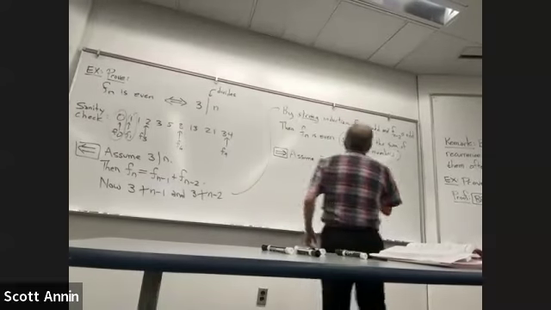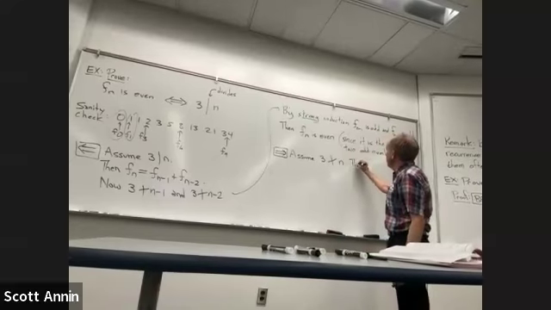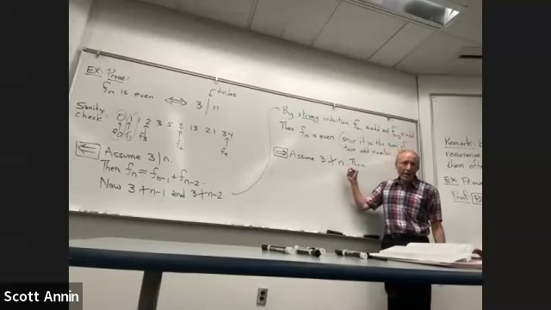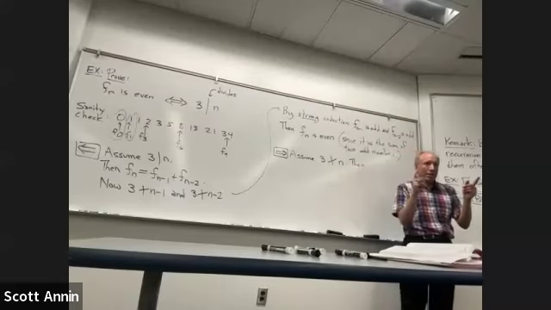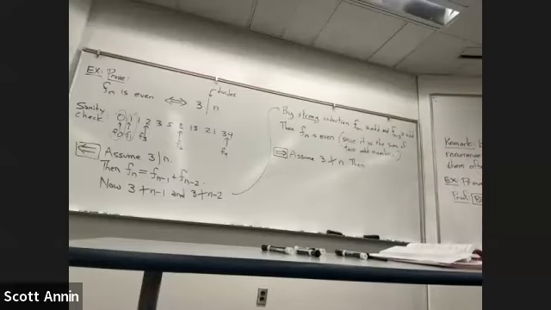Now, if we think about it, if 3 doesn't divide n, then would you guys agree with me that 3 would have to divide one of the two previous numbers, either n minus 1 or n minus 2? You can't go 3 numbers in a row without having a multiple of 3.